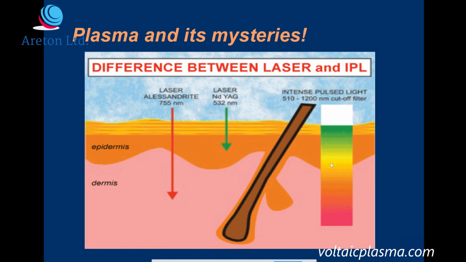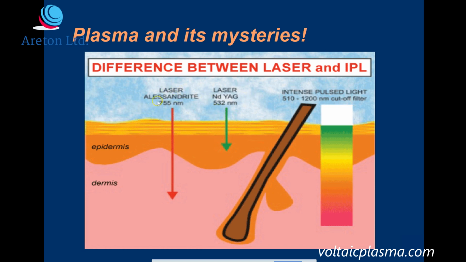IPLs are normally a broadband spectrum light source, and lasers normally have one, two to three, sometimes even more wavelengths. If there are multi-wavelength lasers, but they are much more easily manufactured at one wavelength, or you can actually change the wavelength by filtering out the wavelength that you want.